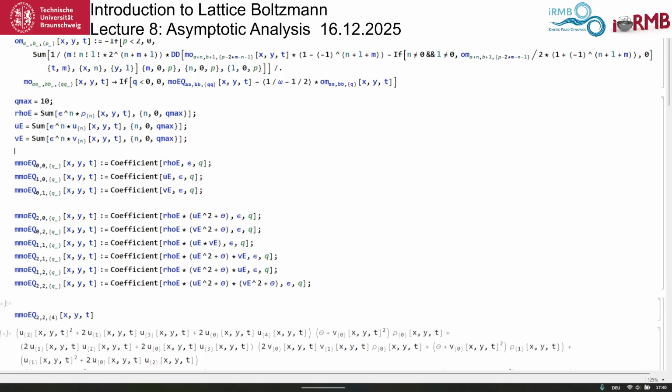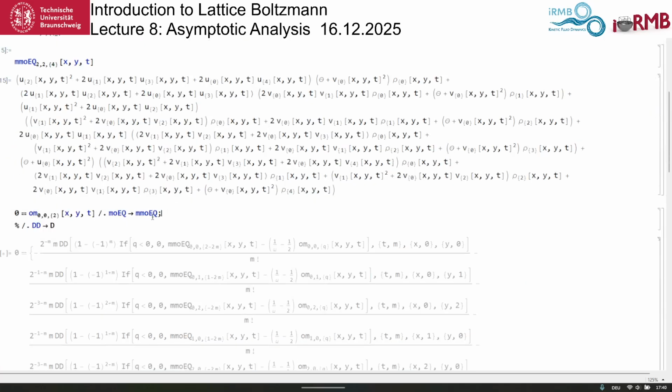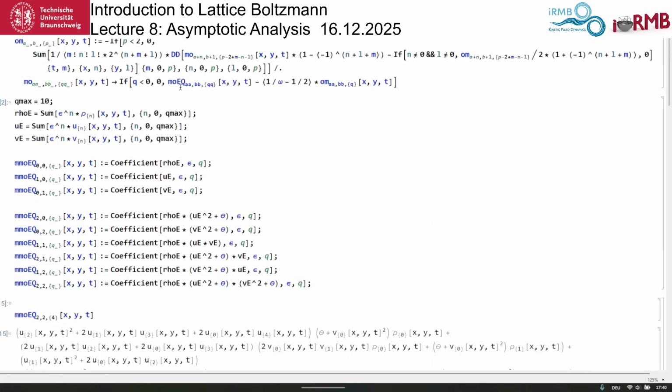So this is okay, and this doesn't work. So something is wrong with it. We should also specify the m in this if condition.